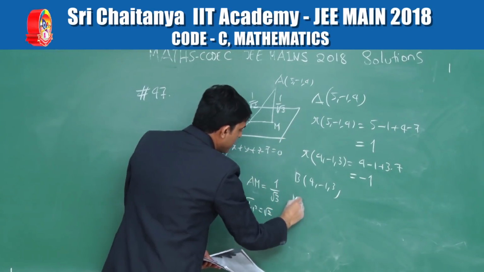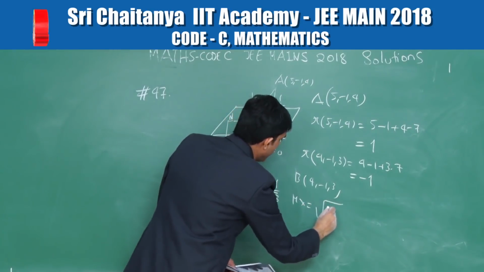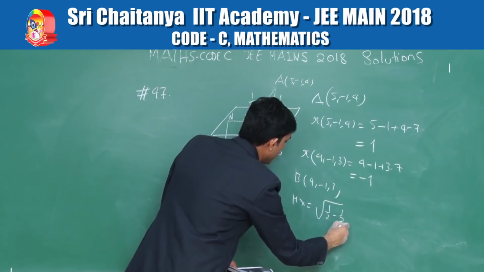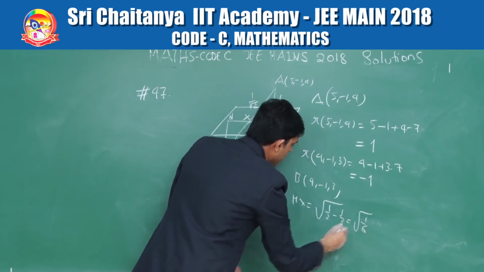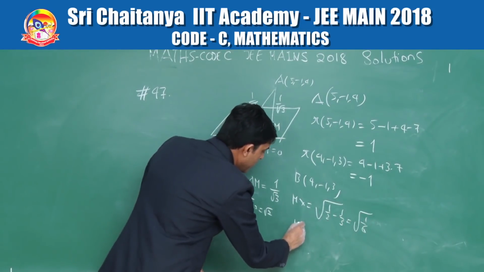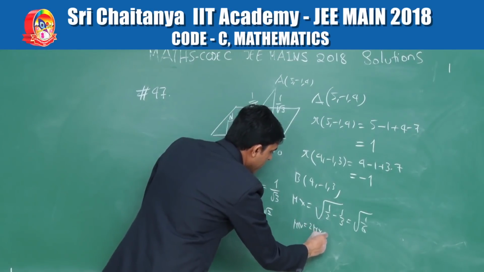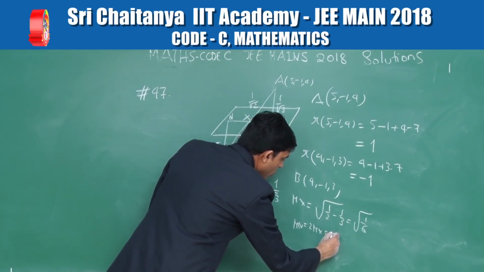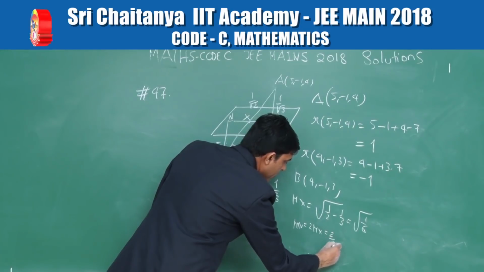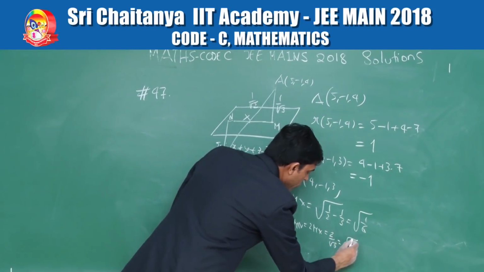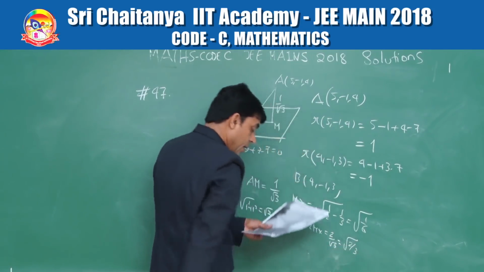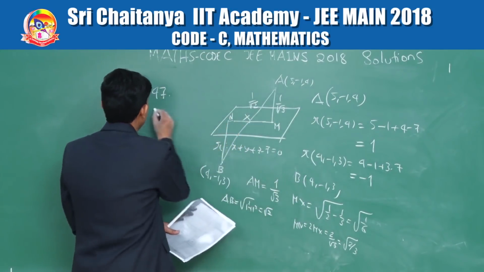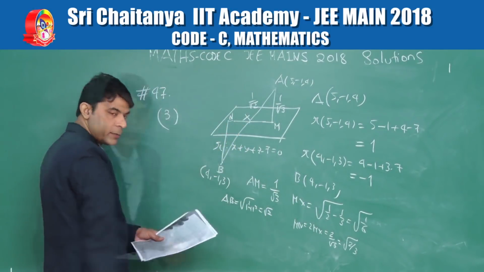So MX happens to be root of 1 over 2 minus 1 over 3. That's root of 1 over 6. And MN is just twice of MX. That's twice over root 6. And that happens to be root of 2 over 3. And so the choice 3 is correct. 3 is the correct choice for that.